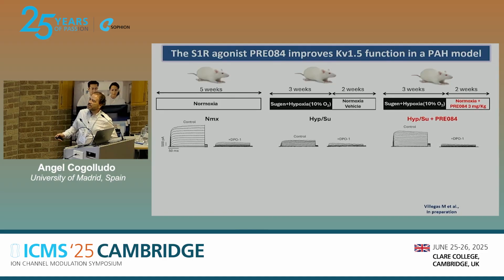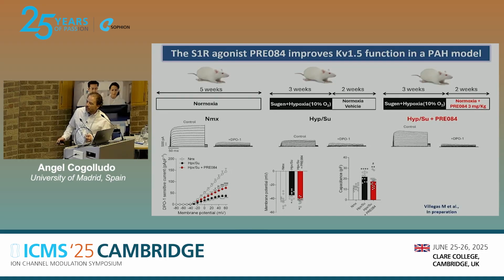Here you can see how, as expected in the PAH animals, the Kv current was markedly impaired, while treatment with the sigma-1 receptor agonist was able to substantially restore this affected channel.